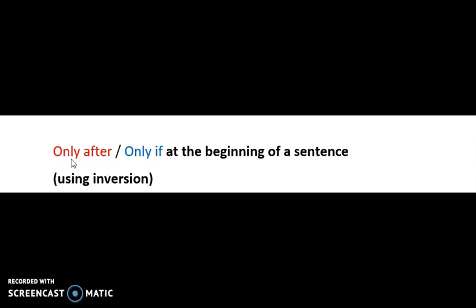And that's only when we use these two at the beginning of the sentence. There are many other versions of only and another word, and there are other ways of writing these sentences as well, but this is just one video highlighting one structure of these two.